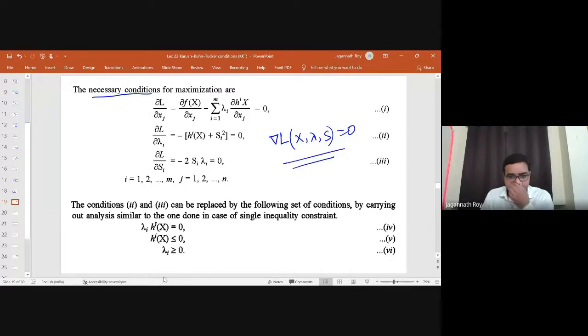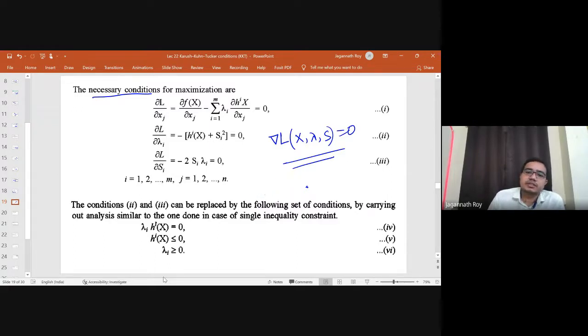Okay. So this will give us how many constraints? Similar to the previous case, the same case that we'll use: si and lambda i. If their product is 0, then either si is 0 or lambda i is 0.